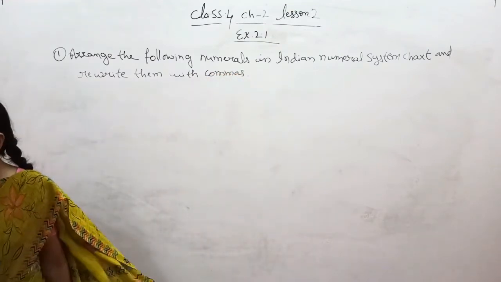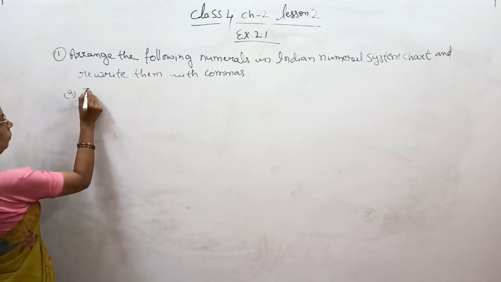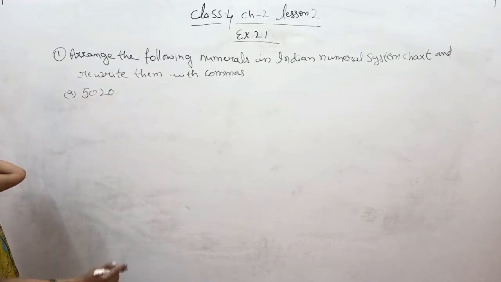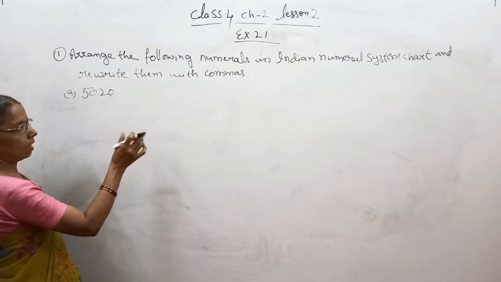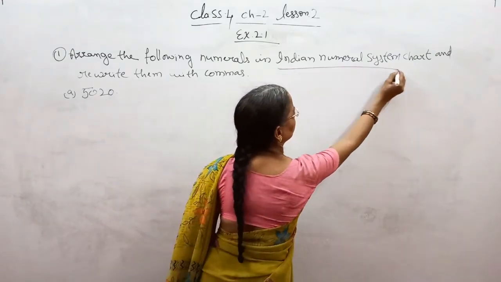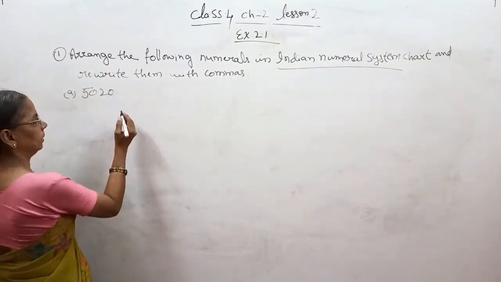The first question is 5020. It means we have to make a chart of this number on the basis of the Indian numeral system.